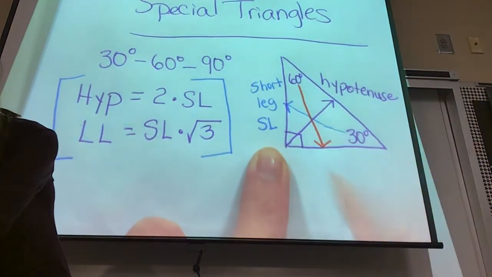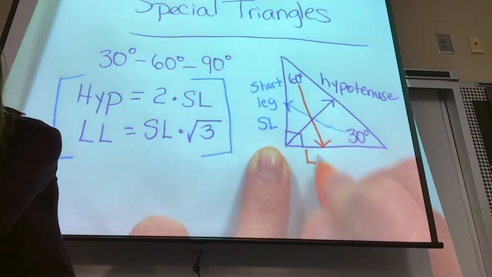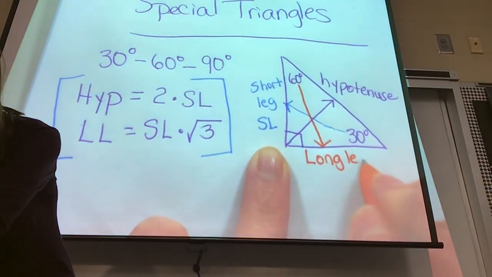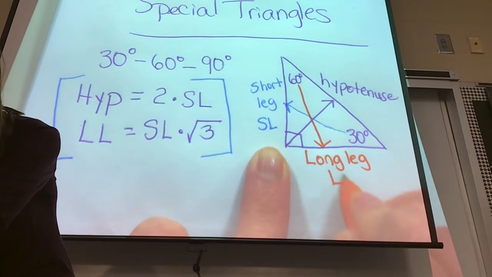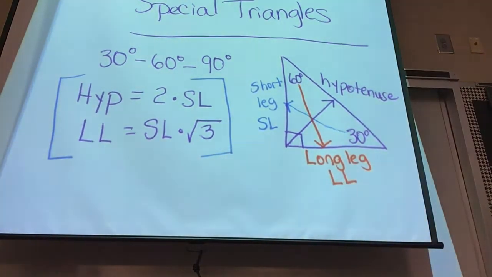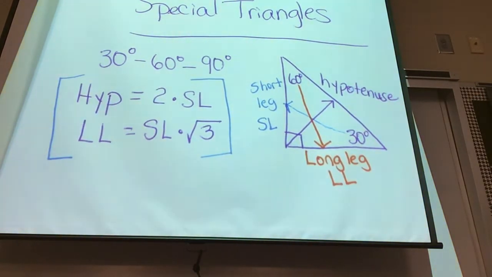So down here is going to be the long leg, or the LL. So all you've got to do every time is find your two, know which one is which angle, and know that across from that is going to be either the long leg or the short leg. And of course, fill those two in.